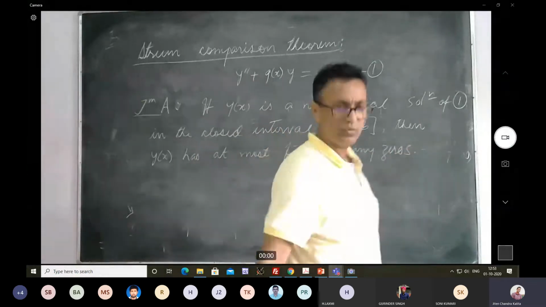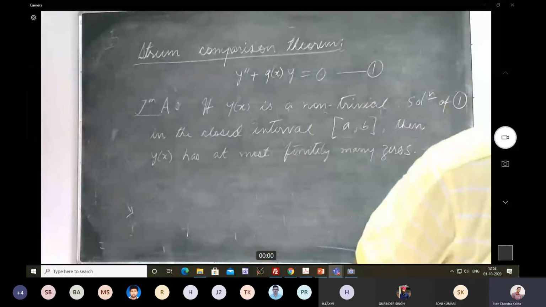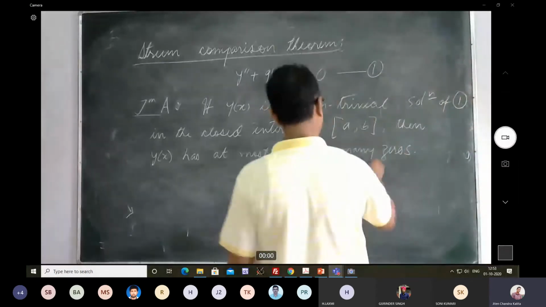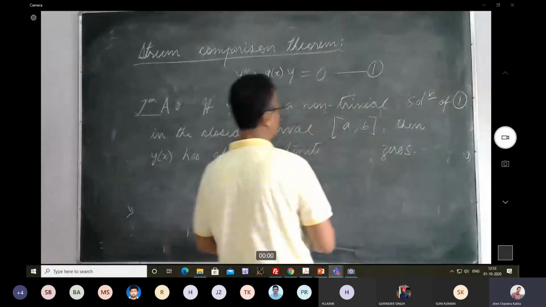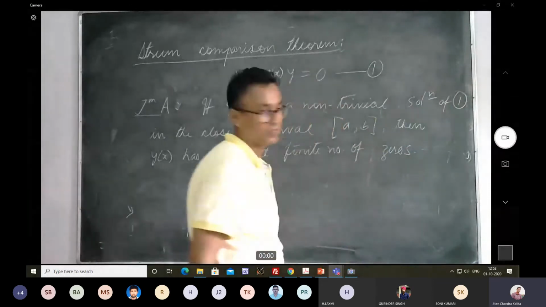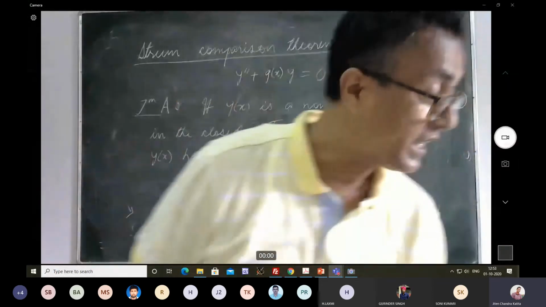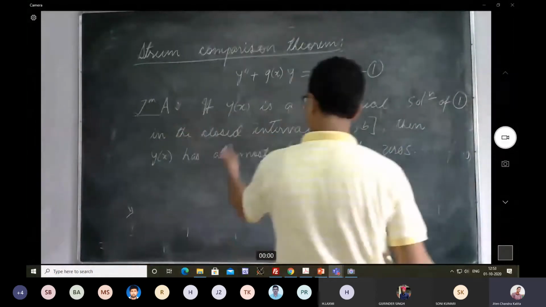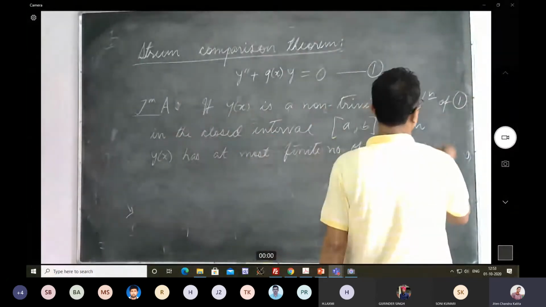Let us not use many. Finite number of zeros, simply a finite number of zeros, obviously in that interval [a, b].